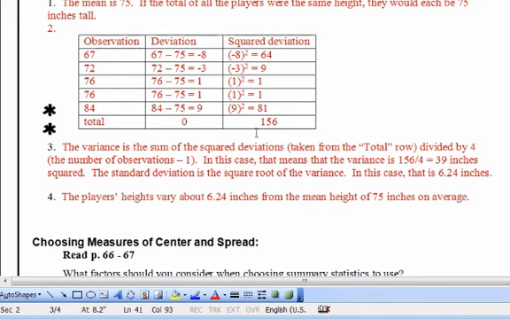Remember, these are our squares. The standard deviation is the square root of the variance, and in this case, 6.24 inches. So interpret the meaning of the standard deviation in this setting. The players' heights vary about 6.24 inches from the mean of 75 inches on average.